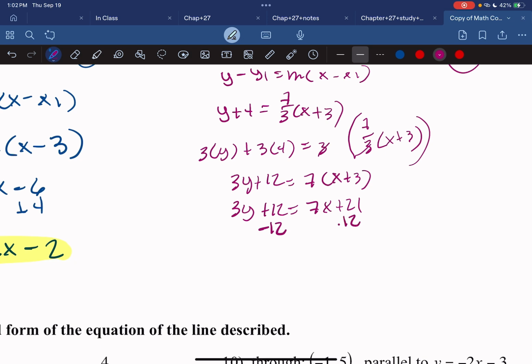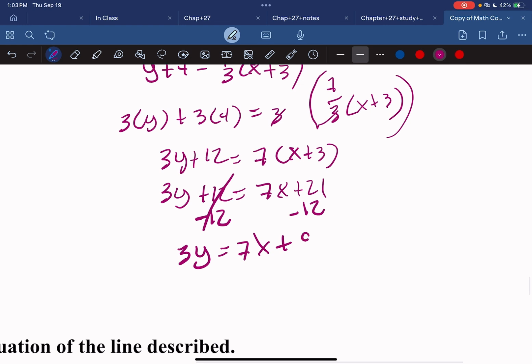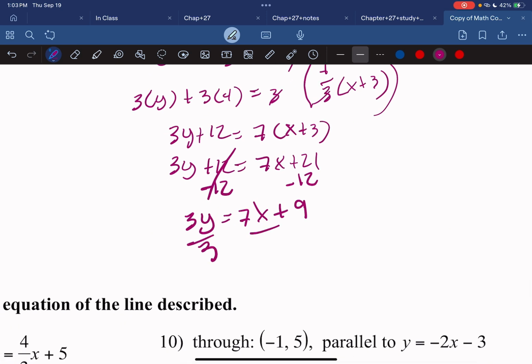Subtract 12 from both sides. Now let's divide everything by 3.